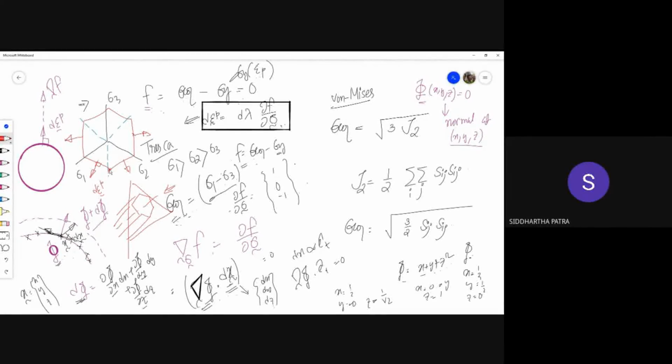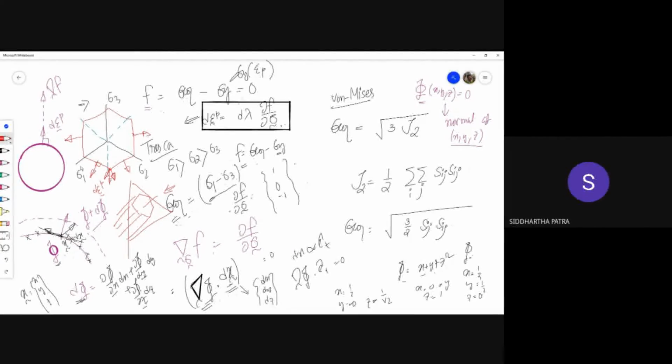But if you are at the vertex, the normals to both sides are possible normals, or actually any normal in between these two normals is the direction normal to the yield surface. So at a vertex there are an infinite number of normals possible between the two normals.